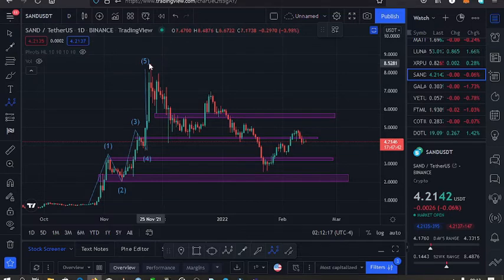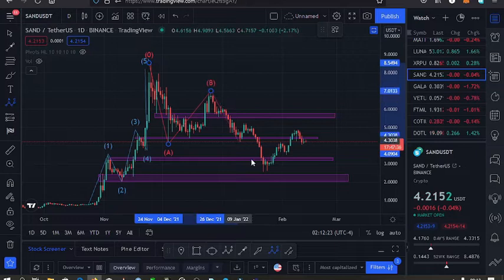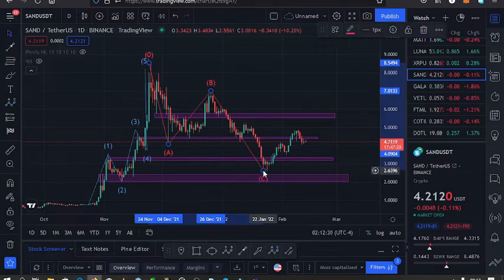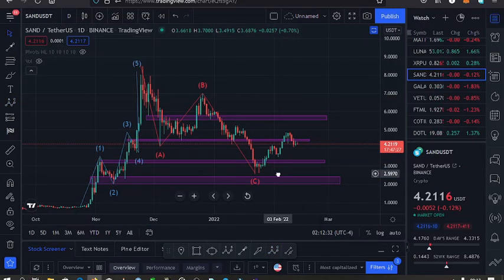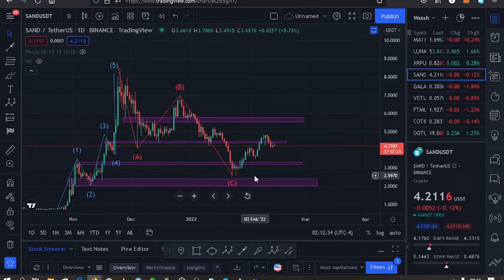Then from that all-time high, we started having lower prices in an ABC correction, having our wave A, then a wave B, and then a wave C, which took us to around the $2.26 mark. And from there we started having higher prices for sand.